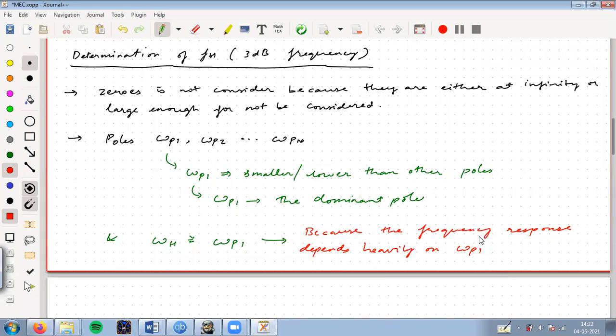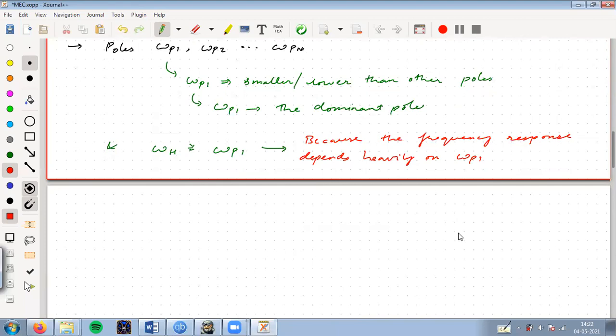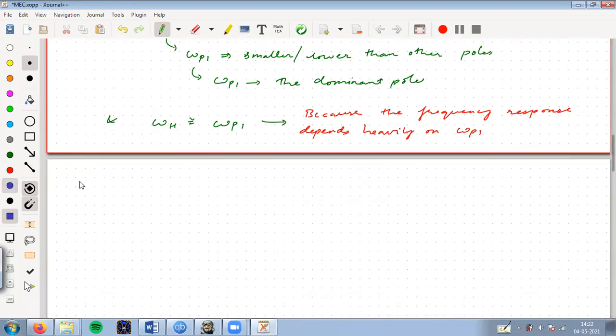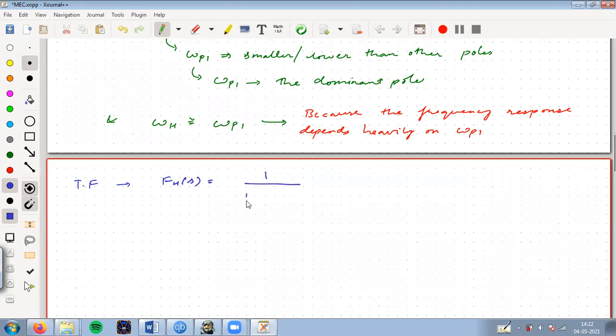Then in that case, if omega h is omega p1, I can write my transfer function fh of s as 1 by 1 plus s by omega p1.